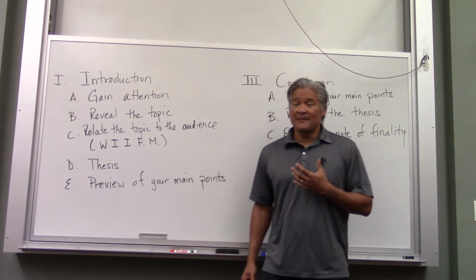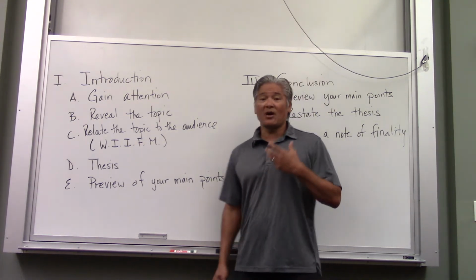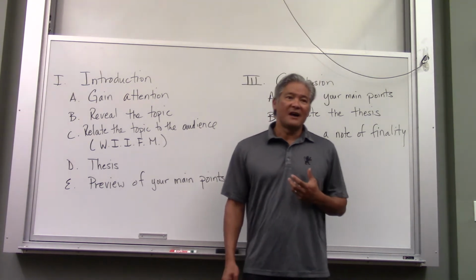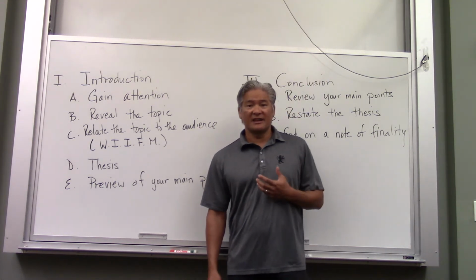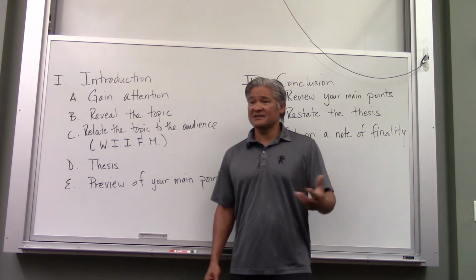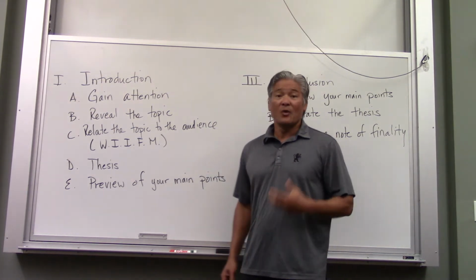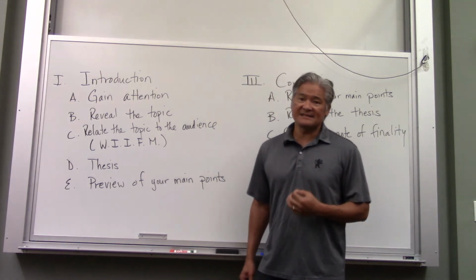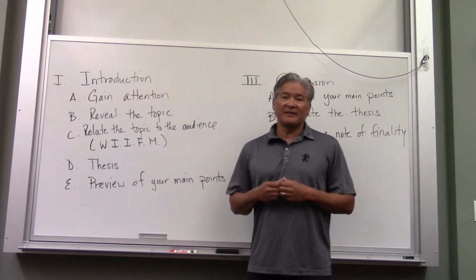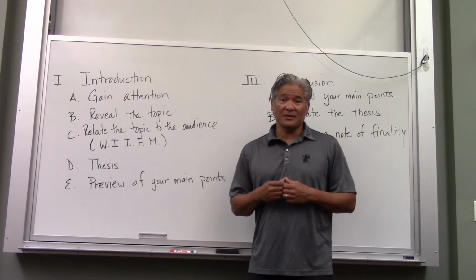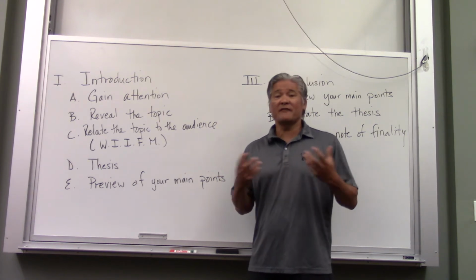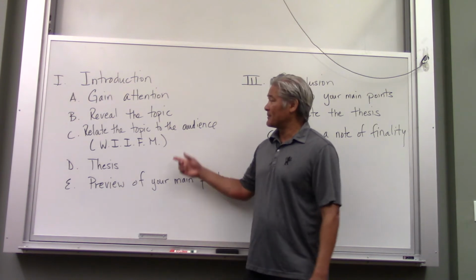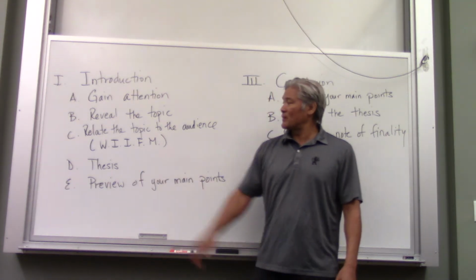And so sometimes you have to really tie into something they really care about. So for instance, you might say something like, "Hey, we're all students. We should care about the topic of high tuition costs at the university level." Okay? So you've just related to them, hopefully. We're all taxpayers. We should care about the amount of taxes that are going to defense, right? Or to the war effort, or wherever these taxes are going. If you pay taxes, you probably care about it. And so that's really what we're looking at.